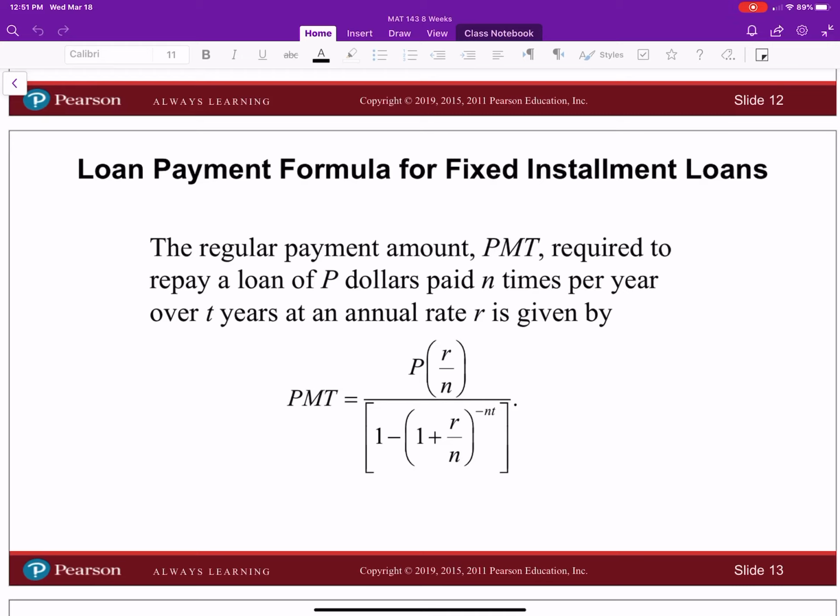So please do not forget that negative that you see in front of the NT, and then close the bracket. This will be another formula that you would need to know to successfully go through this section and to be prepared for when you have your test. This is your car payments loan.